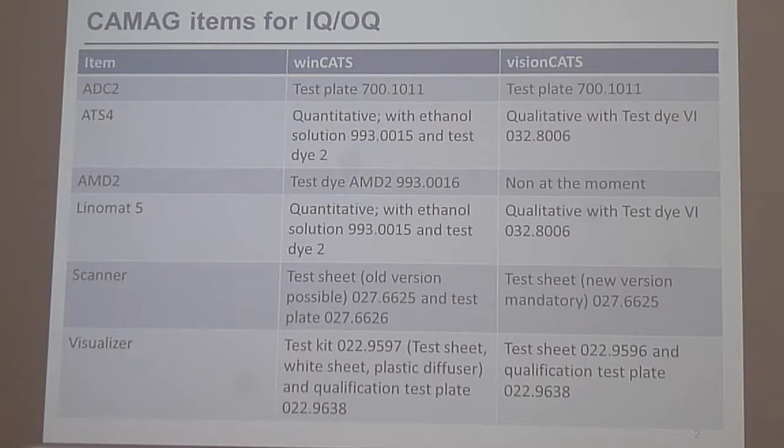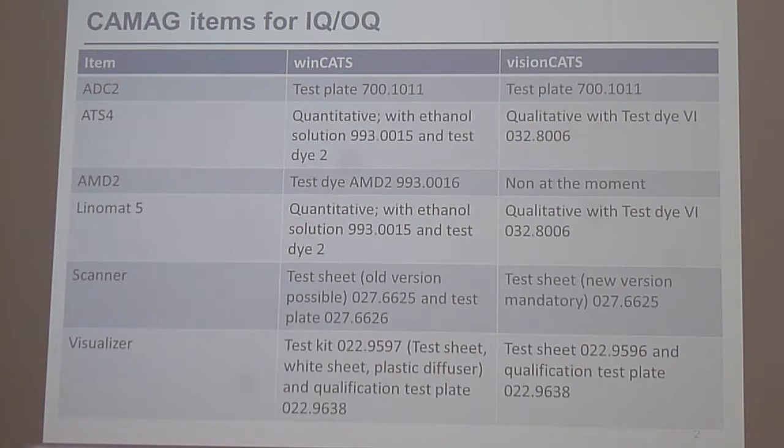We will soon have this drone flying. But at the moment it is working more or less. In some countries we have more difficulties sending this ethanol solution, in others fewer. So AMD2 from 2.21 is working with Vision Cats.